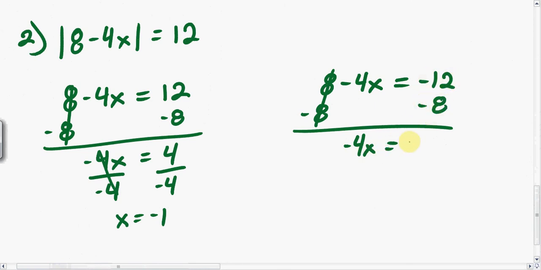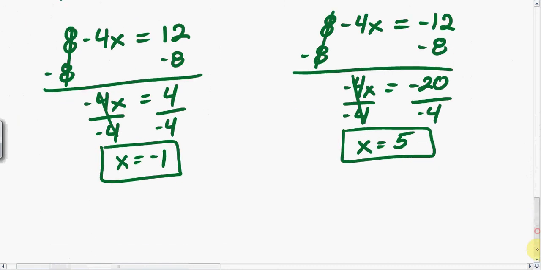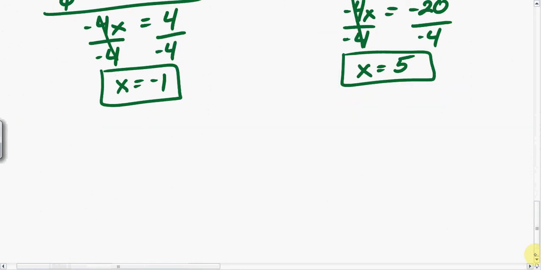So I'm going to take away 8 from negative 12 and get negative 20. Divide by negative 4. And I see x equals negative 20 divided by negative 4. A negative and a negative make a positive, so that gives me positive 5. So I can see x equals negative 1 and x equals 5, both parts of my solution.